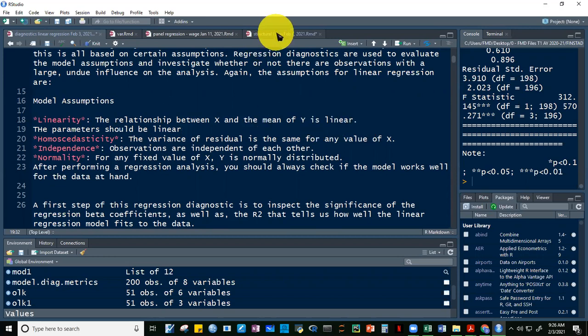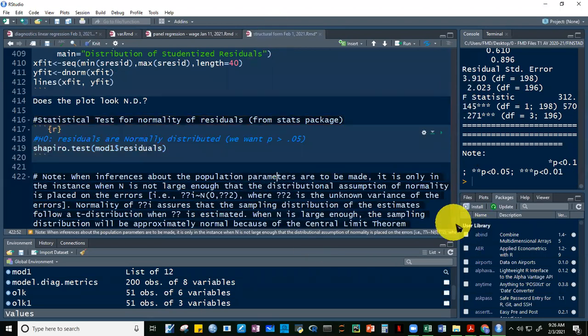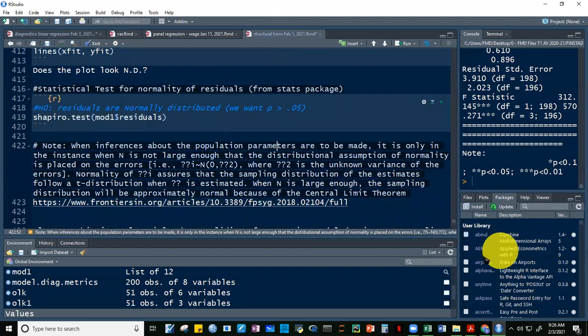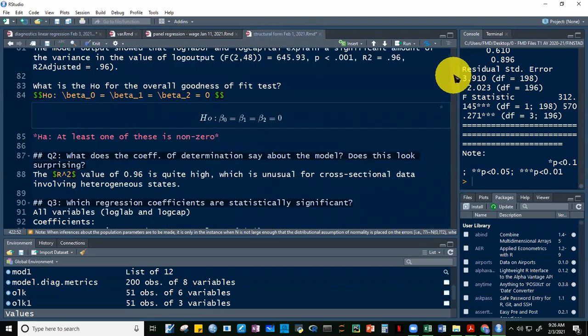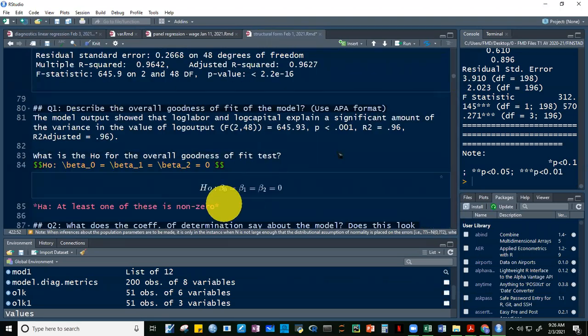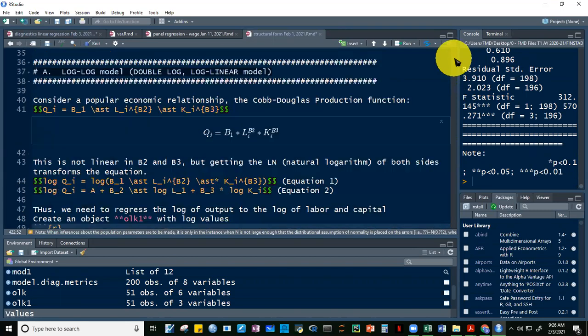Remember last time, nung last session, medyo nag-introduce ako nitong structural form. This is the very famous Cobb-Douglas production function where the output is related to the labor and capital, no?